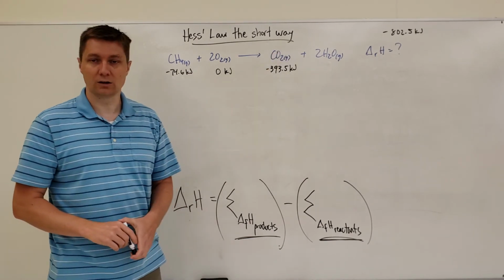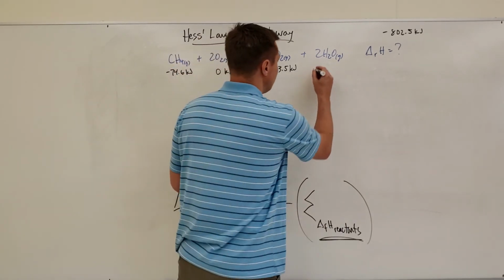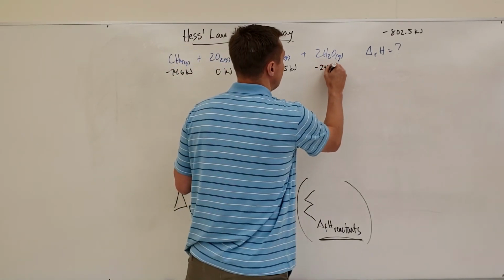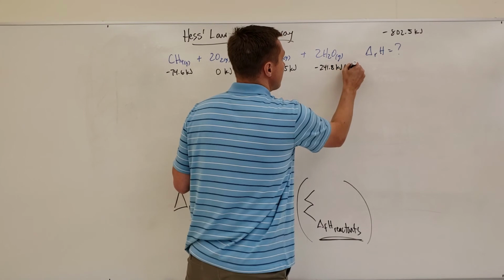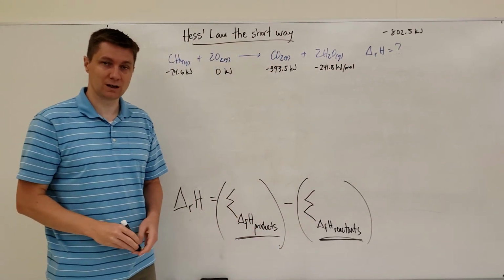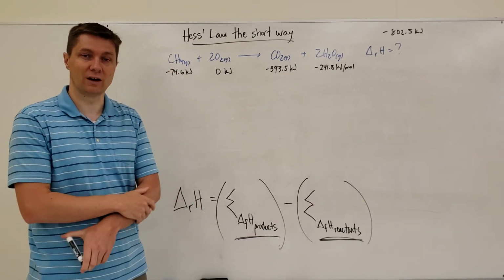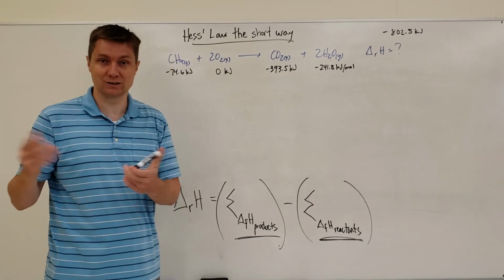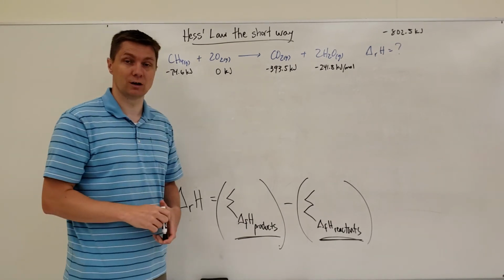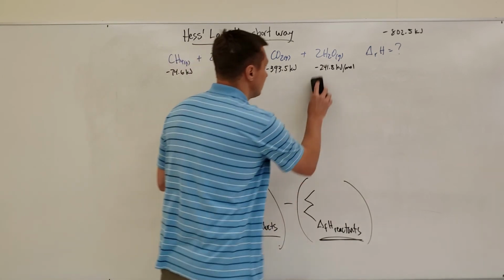Water vapor, if I look, is negative 241.8 kilojoules per mole. Because I have 2 moles of water vapor in this chemical reaction, I need to multiply that number by 2 moles. And if I multiply it by 2 moles, the moles cancel again, but it also changes the number to negative 483.6.